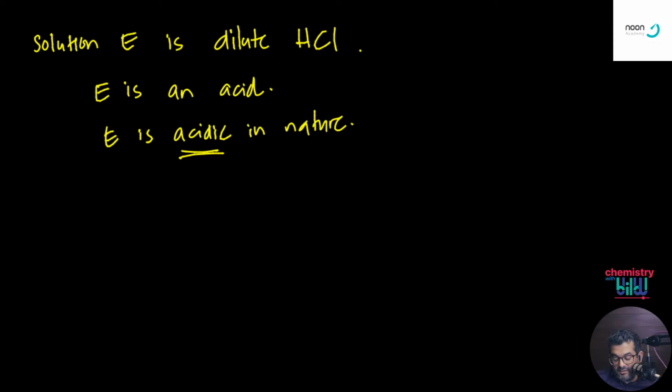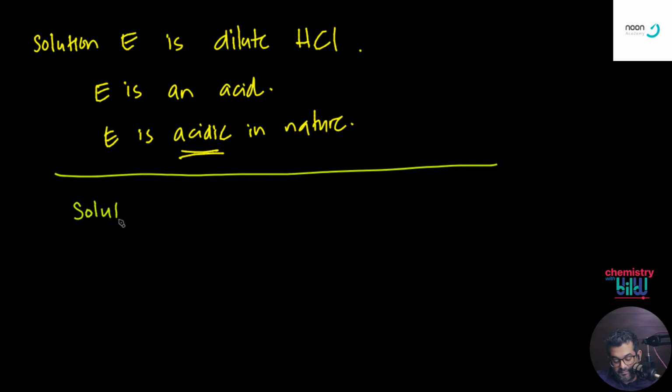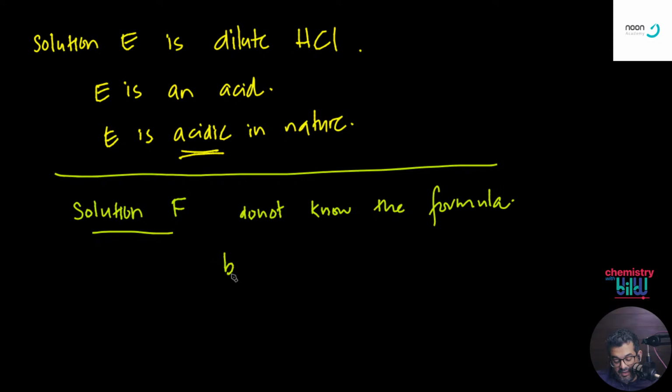But if I say that I have a solution F, and we do not know the formula of solution F, but pH is 2, therefore we can say F is acidic.